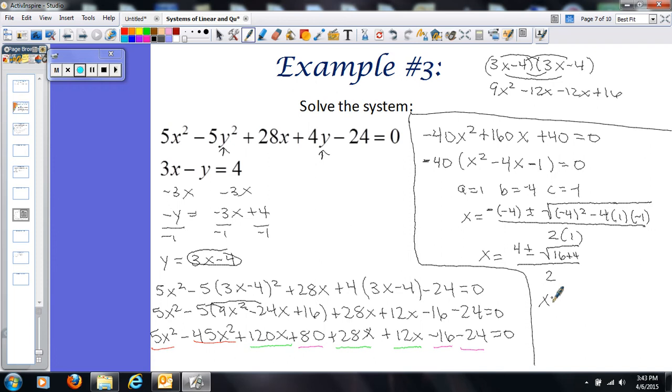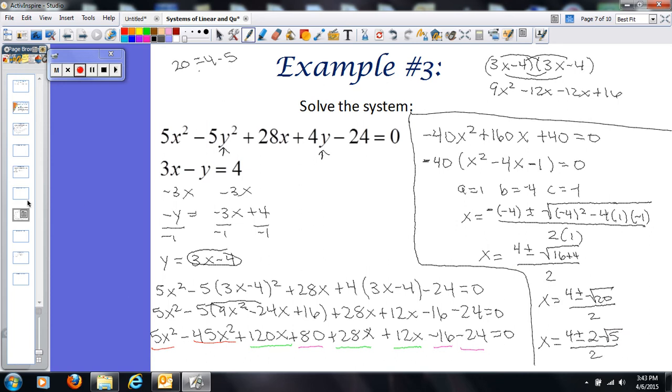This is going to give you x equals 4 plus or minus the square root of 20 over 2. If you simplify 20, that is 4 times 5, so this is going to be x equals 4 plus or minus 2 square root of 5 over 2.